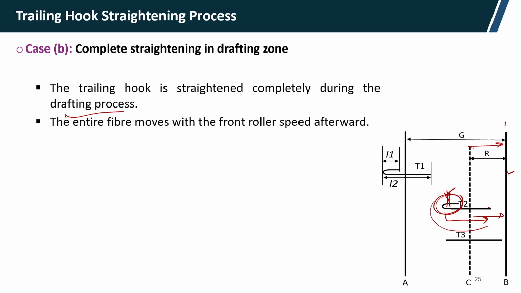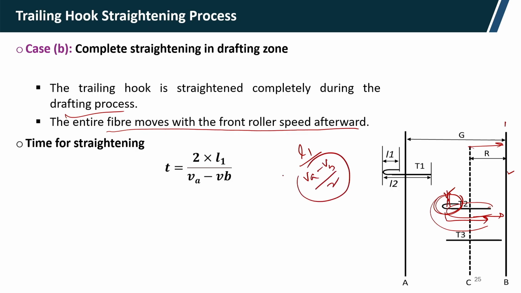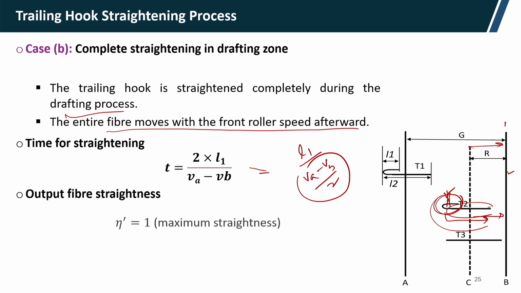The body part of the fibers moves at the front roller speed. Time for straightening is T equal to L1 by (VA minus VB) average speed divided by 2. So, output fiber straightness eta dash is 1 maximum, complete straightening.